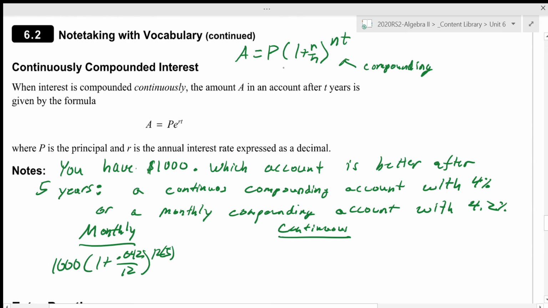So we're using that formula from yesterday to solve for the monthly compounding account. And that'll be $1233.23.